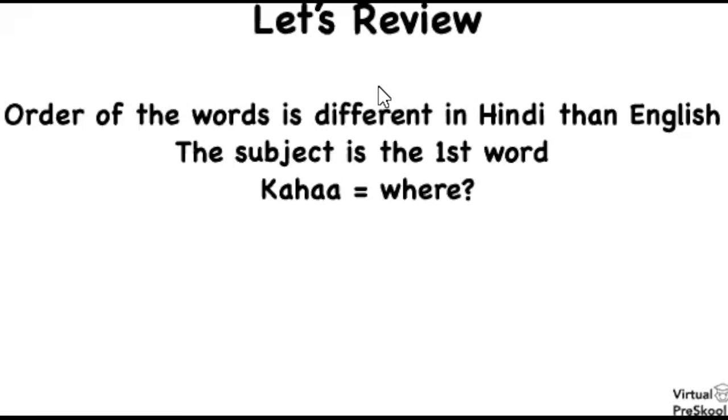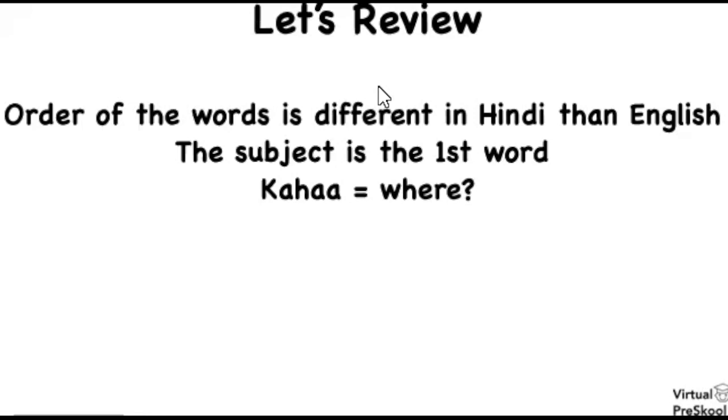All right, great work. So let's review what we've done now that we've done several examples. We learned that the order of the words in a Hindi sentence is different than an English sentence. We learned that the subject of a sentence is what the sentence is about, the person, object, or animal that the sentence is about.